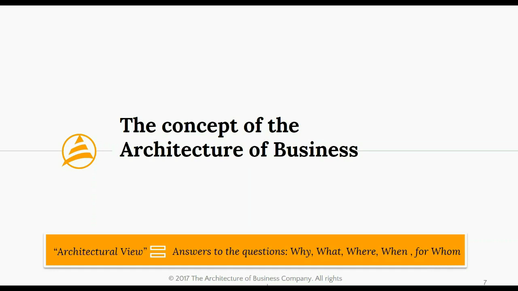Note that the architecture of business is not the same as the business architecture that you might have heard about from your CIO or other technology people. We will spend a couple of slides to remind the core elements of this concept.